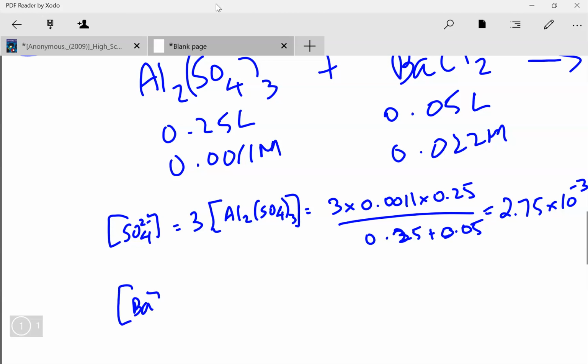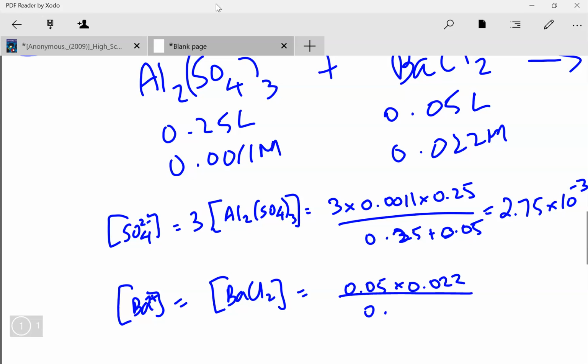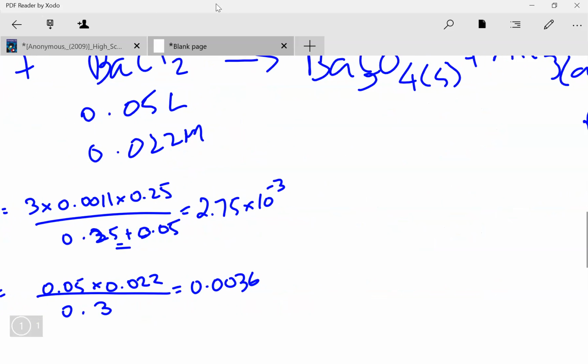Concentration of barium equals concentration of barium chloride equals 0.05 times 0.022 divided by 0.3. The same expression at the bottom here. So 0.05 times 0.022 gives 0.0036.